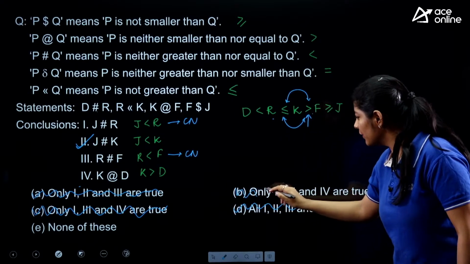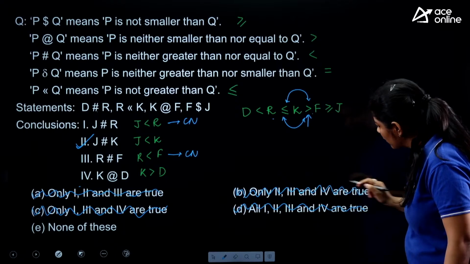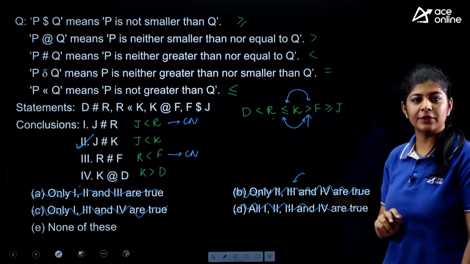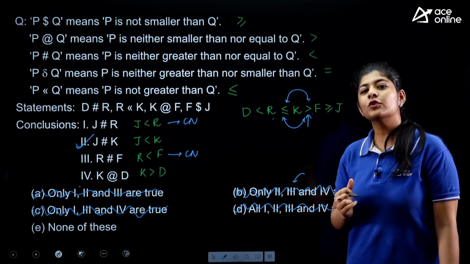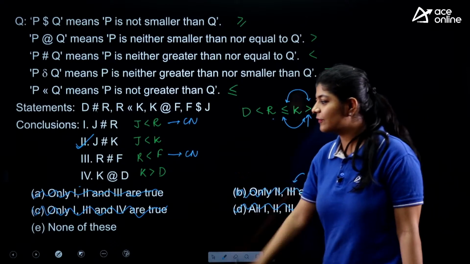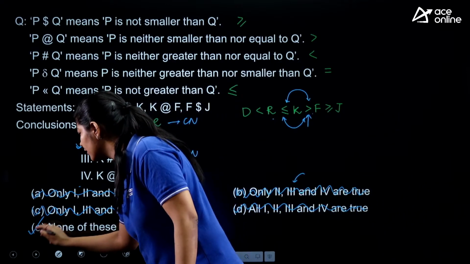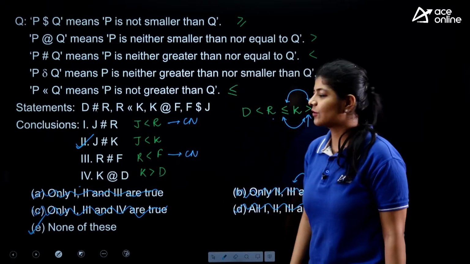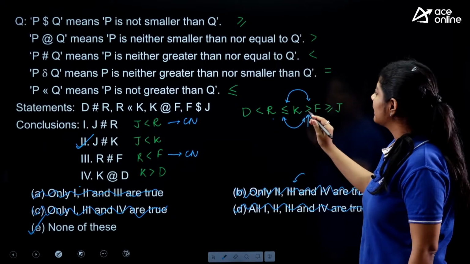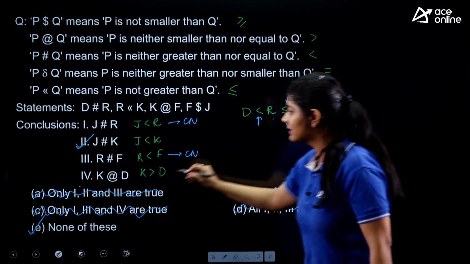That means we need to eliminate option number B as well because conclusion number 3rd is included in this one. So out of 5, 4 options are already eliminated. So we will go with our option number E, that is none of these. But we will check our last conclusion as well. That is K is greater than D. Can we say that? Yes.